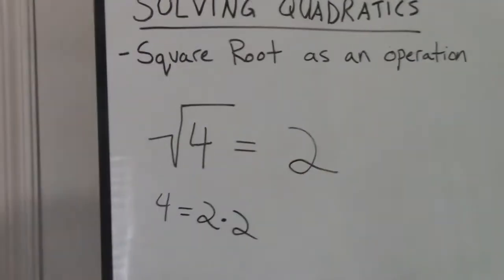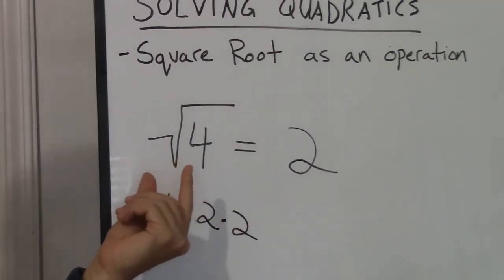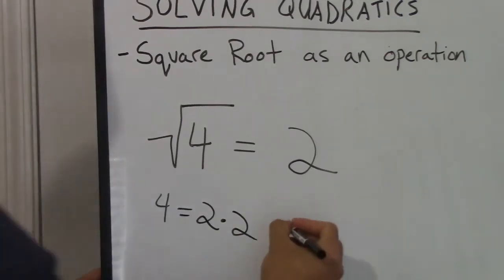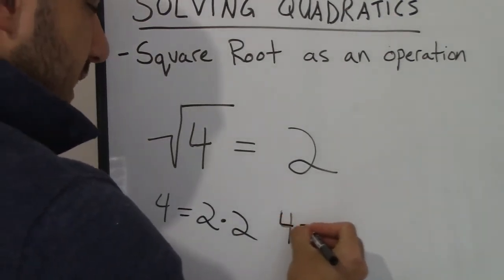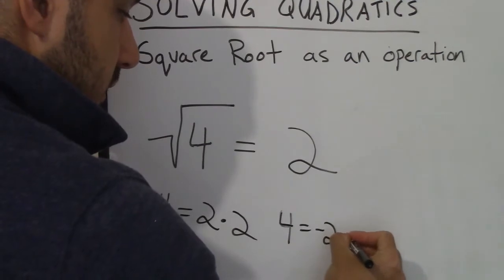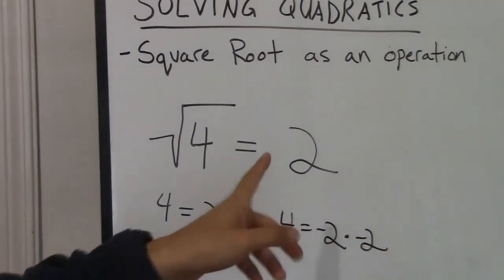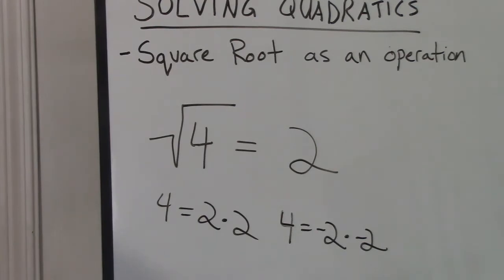Now this is something very, very important. In algebra, when we use square root as an operation, it actually results in 2 solutions. So positive 2 is one of them, but the other one is the negative version, negative 2 times negative 2. So positive 2 isn't the only solution to the square root of 4.